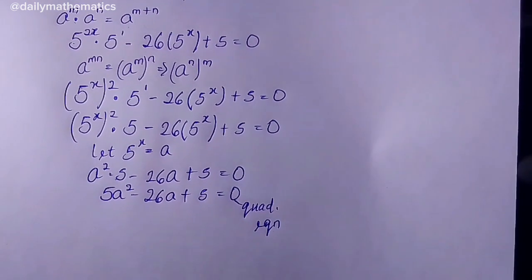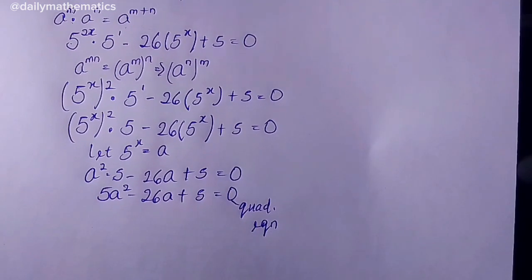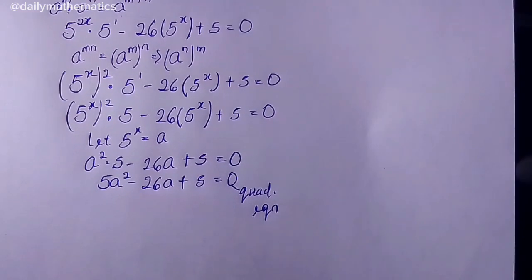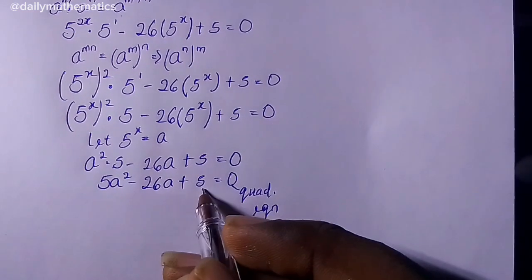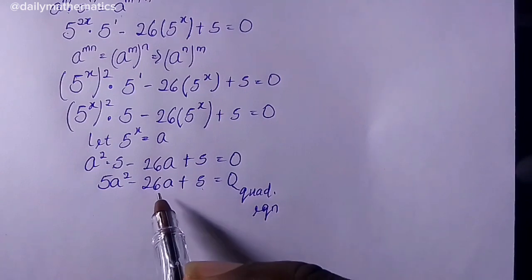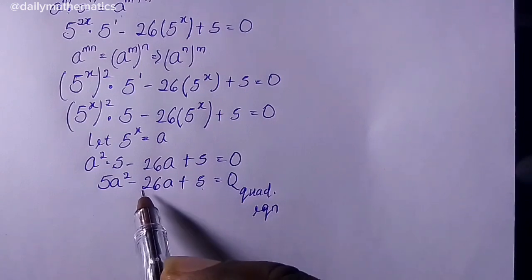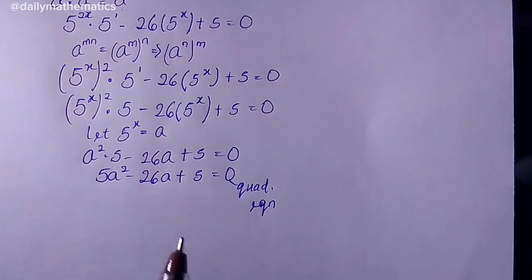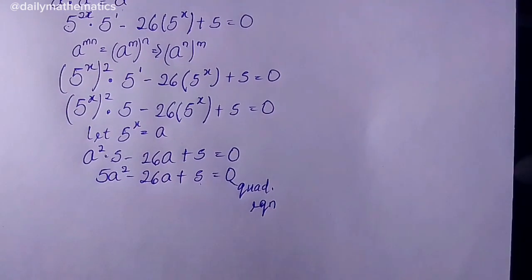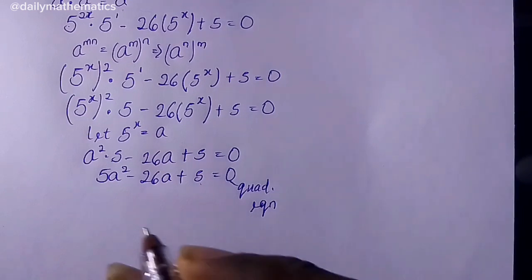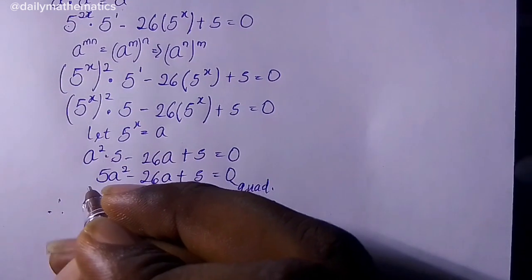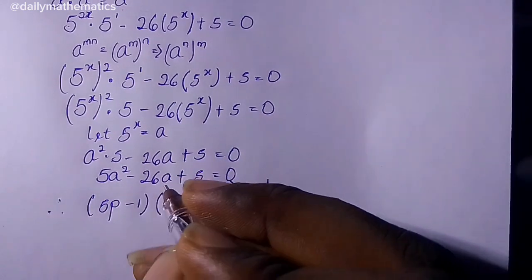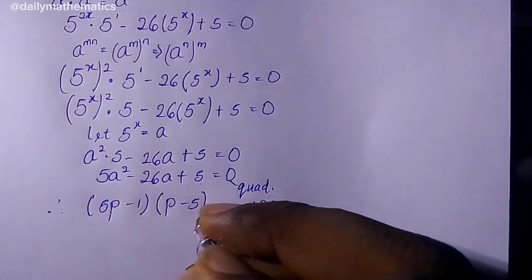How do we solve a quadratic equation? We use the factorization method here, or the quadratic equation formula. We want to use the factorization method here. We look for two factors that, when added, will give us the middle term. Now if you factorize carefully, you have 5a minus 1 and a minus 5 equals 0.